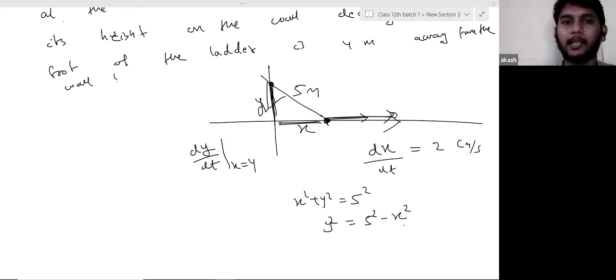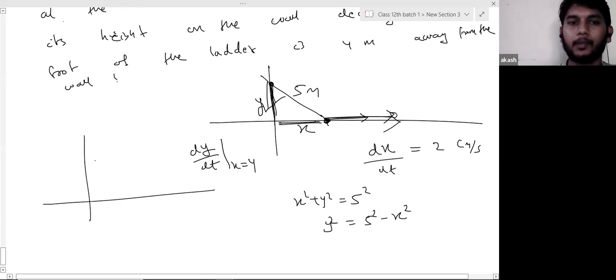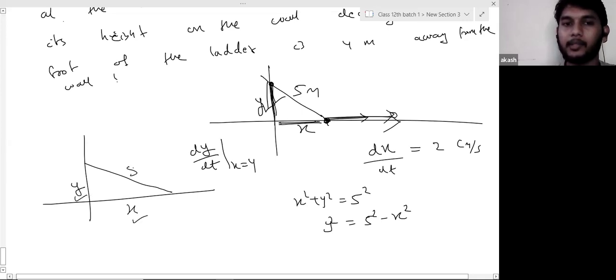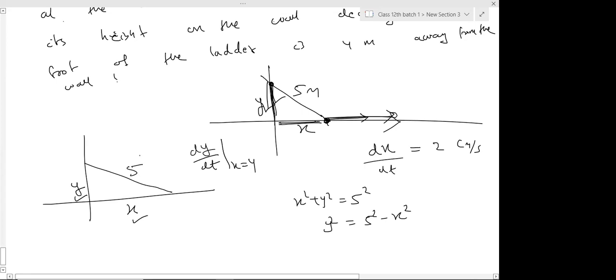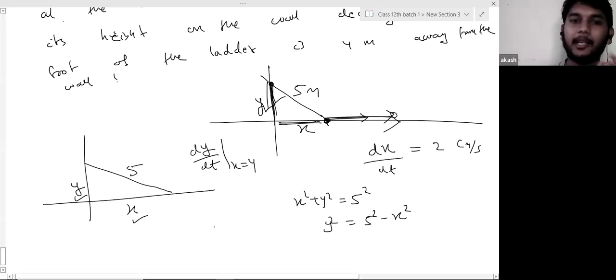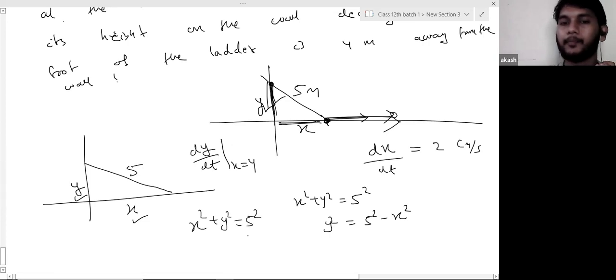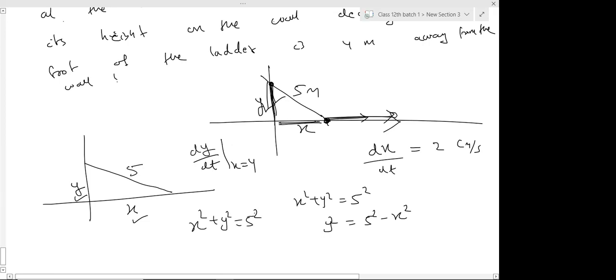But see, at any moment, no matter how far the ladder has fallen, we can always say that this square plus this square will always remain a constant, right? The length of the ladder will not change. So in any moment, this scenario will always prevail.